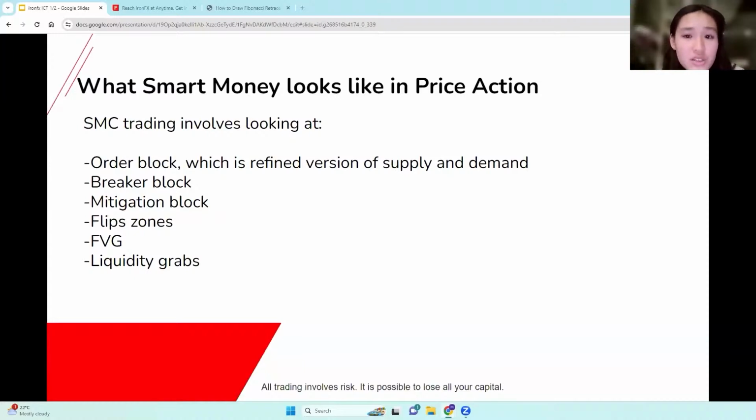This is what is traditionally called your support and resistance flip zones, and then your FVGs, which are imbalances in the market, when demand outpaces supply or vice versa. And lastly, your liquidity gaps, which we went through before, are basically the areas in which there is a support level or a resistance level. Now let me pull out my charts.